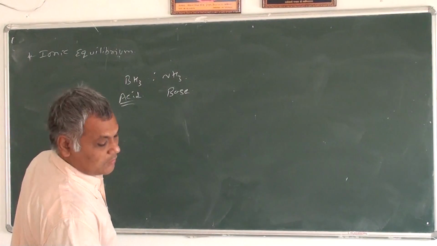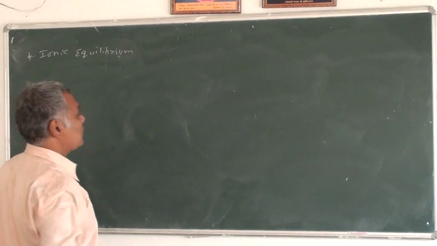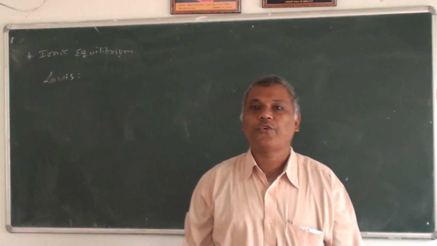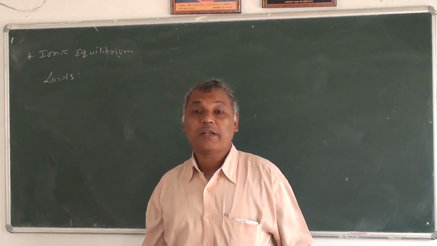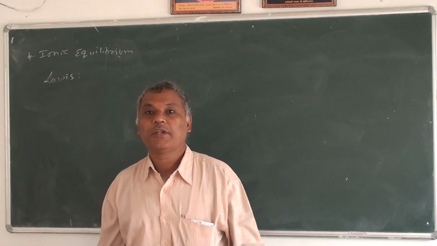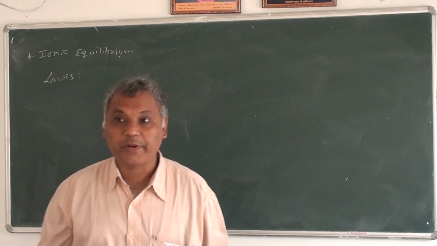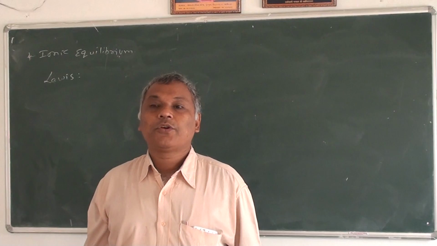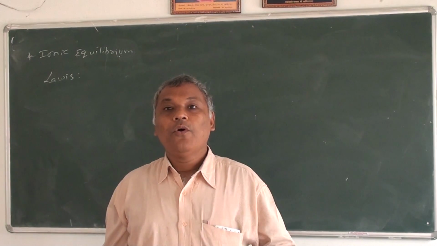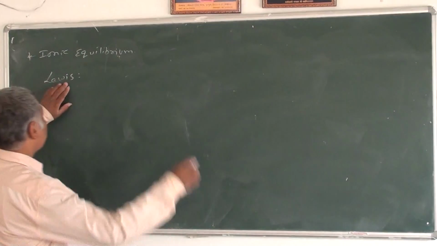There was another scientist named Lewis who modified the definitions of acid and base, which are implemented till today. They are still not changing. Those definitions are common at present also. Right? So whatever new acids are still discovered, they are able to obey these rules.